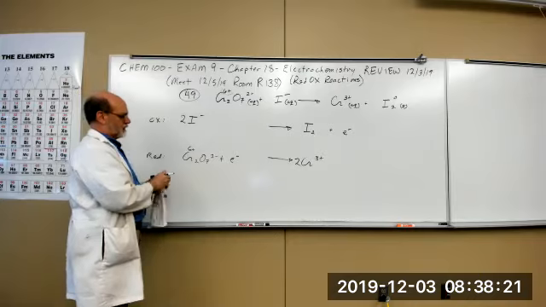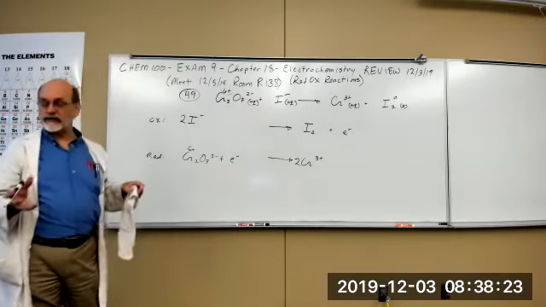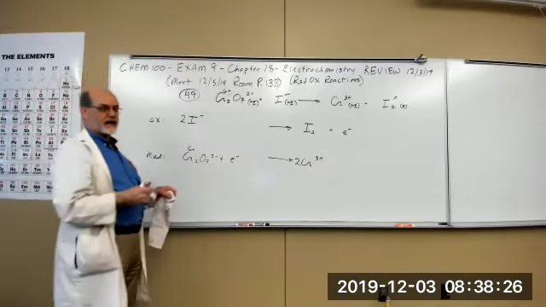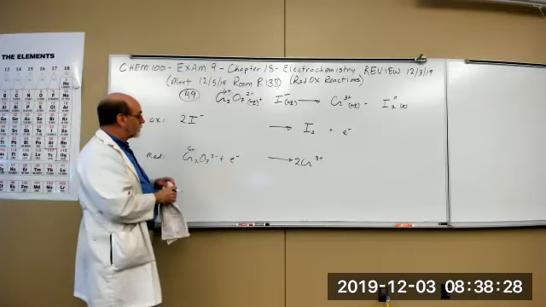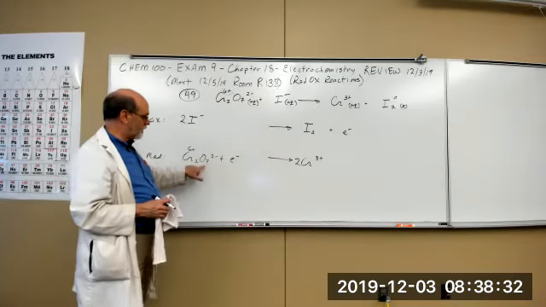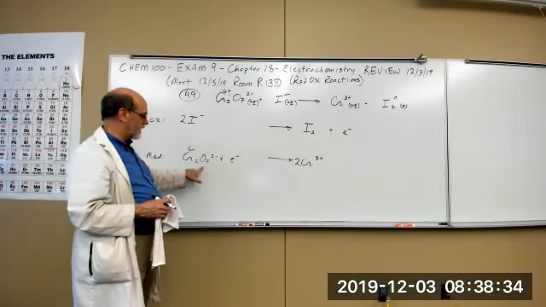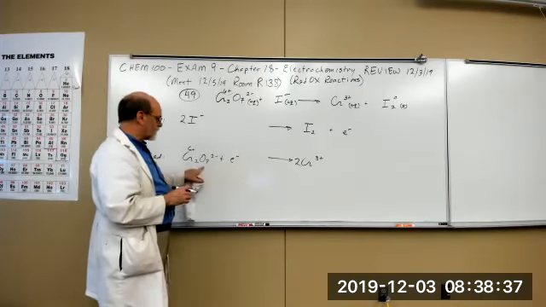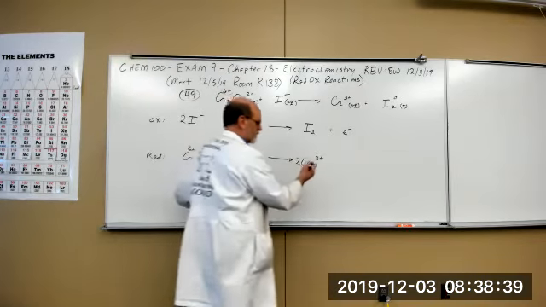Now we balance what? Oxygen comes next. And how do you balance oxygen? Well, we don't have any oxygens here, so we can leave that one alone. But we do have oxygens here. On this side, we have 7 oxygens, and we need 7 oxygens on this side.